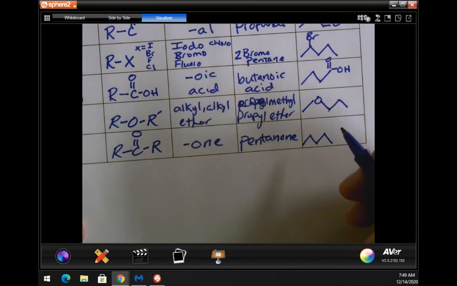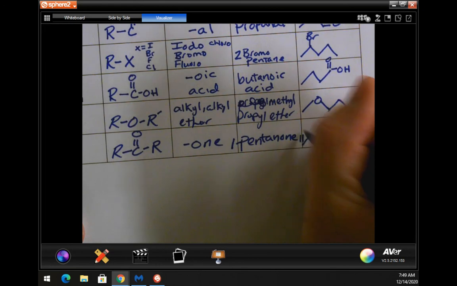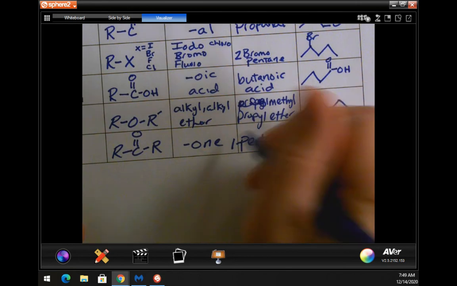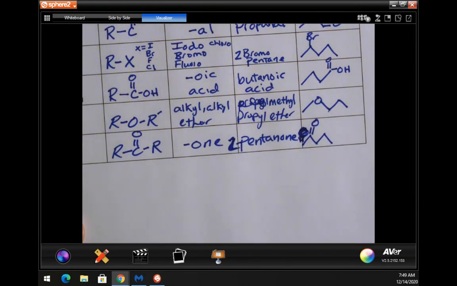And then you have to say where it is. So let's just say it's 1-pentanone. So we'll put the double bond. Oops, can't be 1-pentanone. That would be an aldehyde. Let's make it 2-pentanone. Right there.